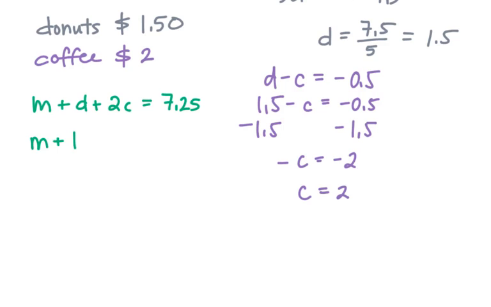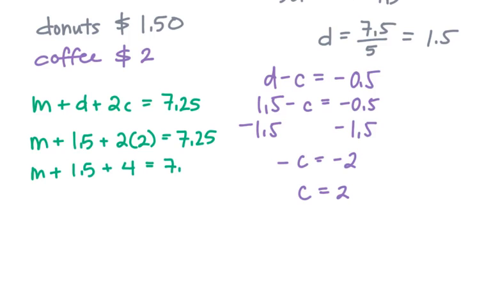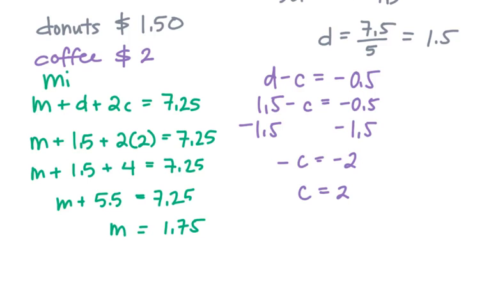M plus a donut, 1.5, plus 2 times 2 equals 7.25. M plus 1.5 plus 4 equals 7.25. M plus 5.5 equals 7.25. Subtract the 5.5 and we get that M is equal to 1.75. And that indicates to us that milk costs $1.75.